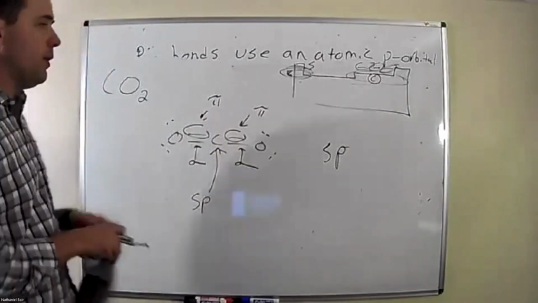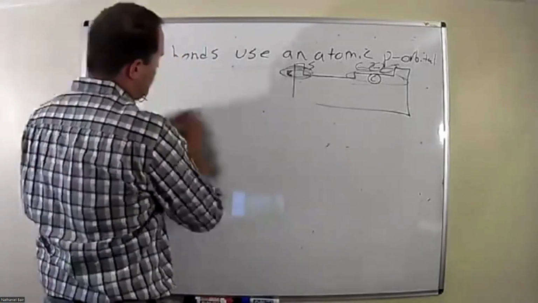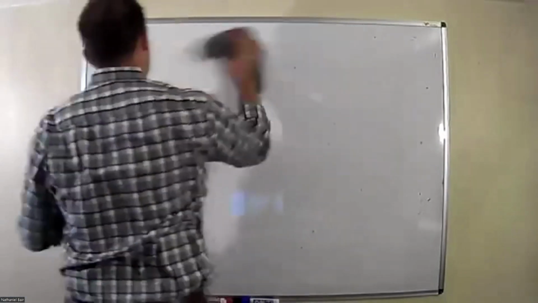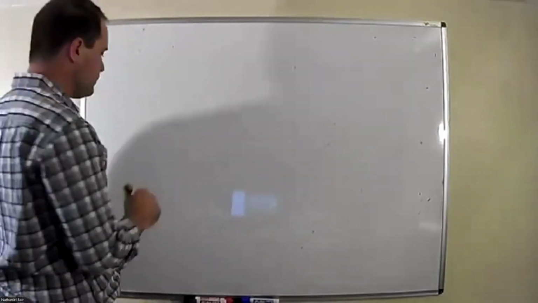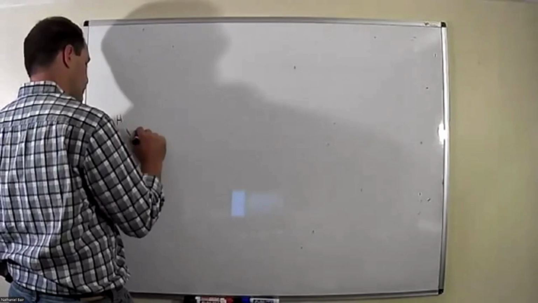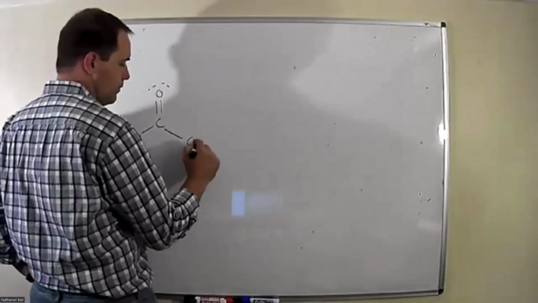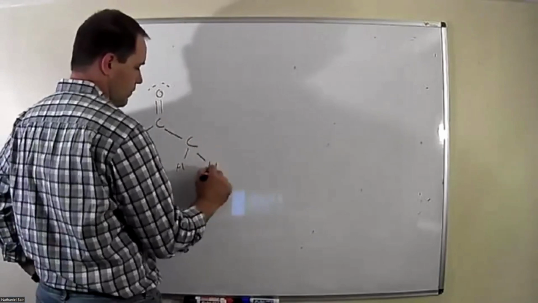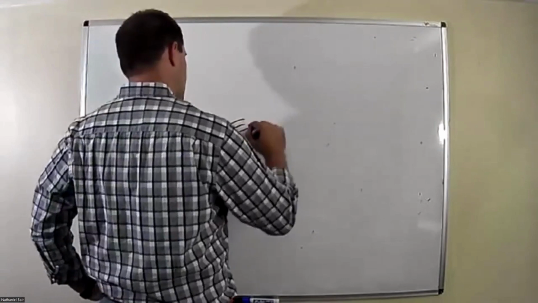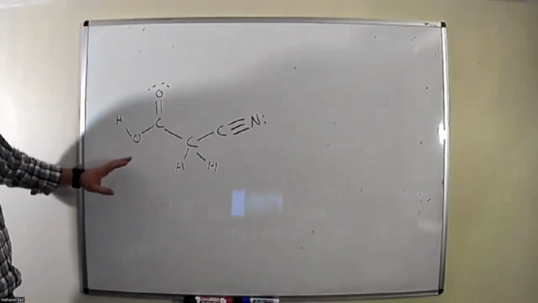So let me draw, I'm going to make up a crazy structure that probably doesn't even exist, and we're going to identify the hybridization for the atoms in the structure. So if we look at this structure, go ahead and write that down.